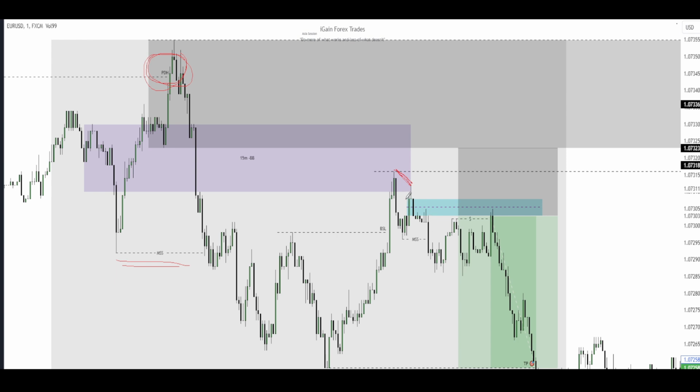Then we have this balance price range, and then this liquidity forms. So I entered at this BPR, just targeted this swing low. That's only 1:2.